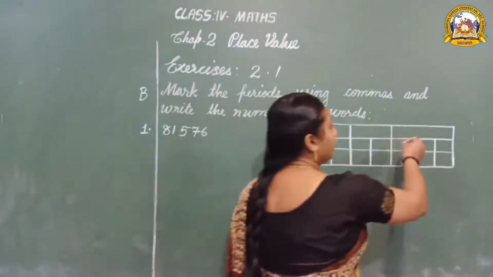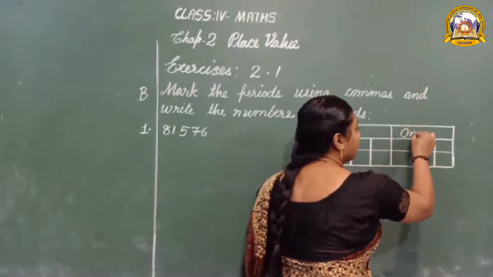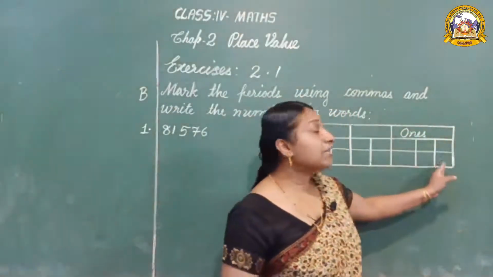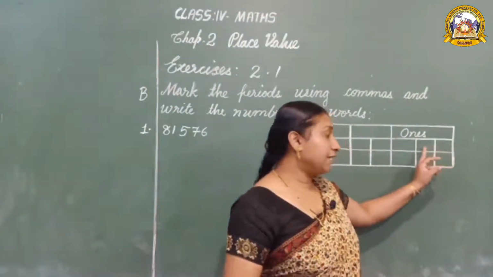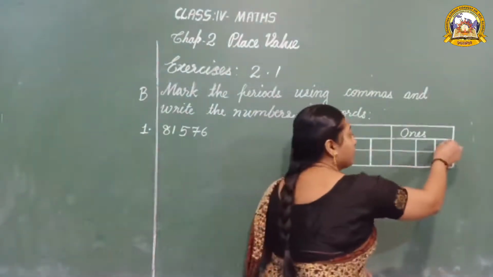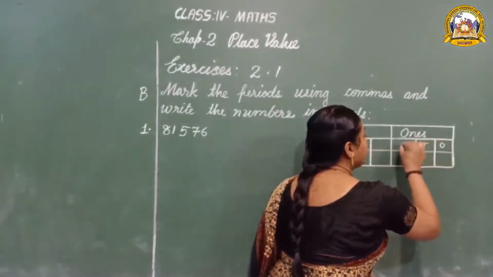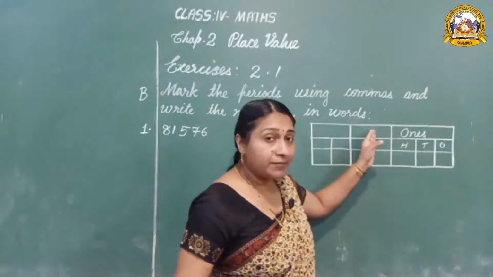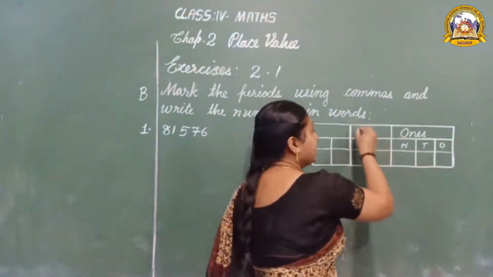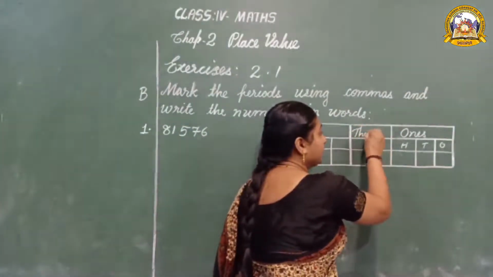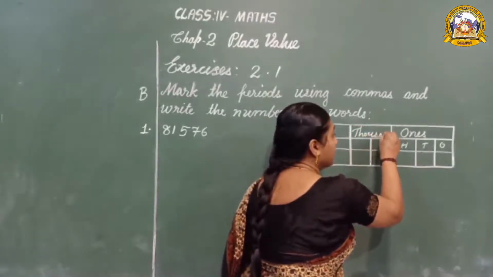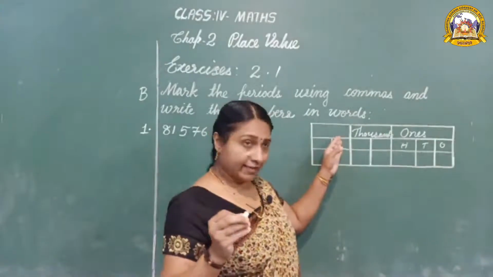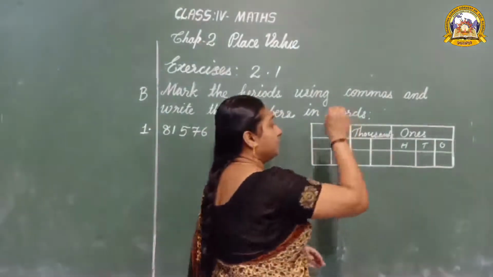Okay, first in ones period, as you know, there are 3 digits: ones, tens and hundreds. Children, which is the next period? Yes, thousands period. Next, yes, lakhs period.